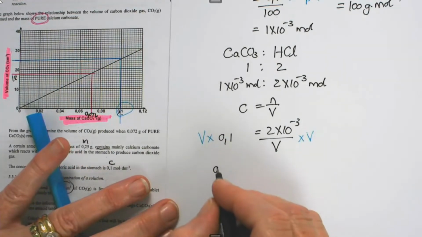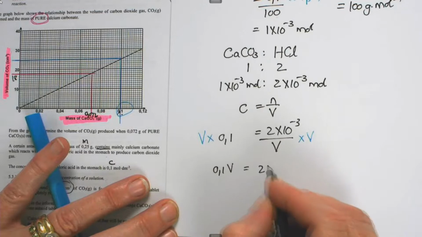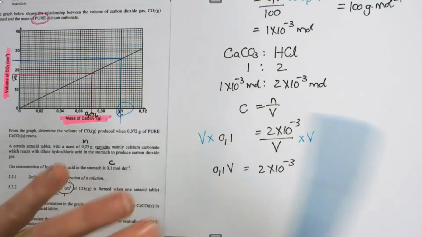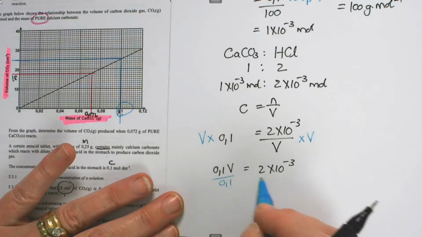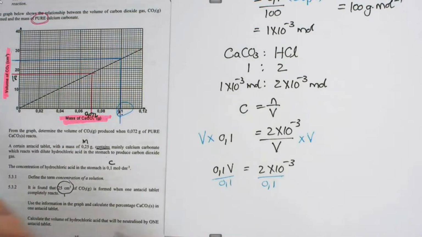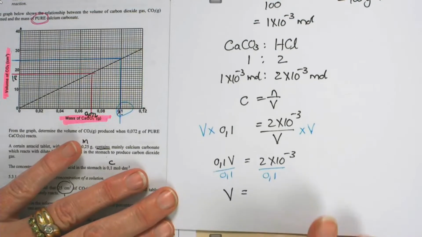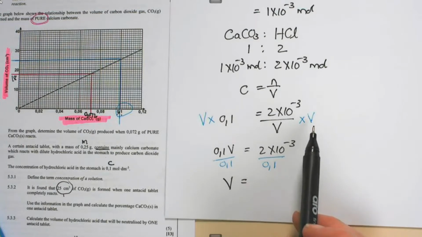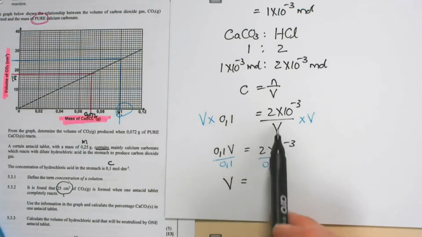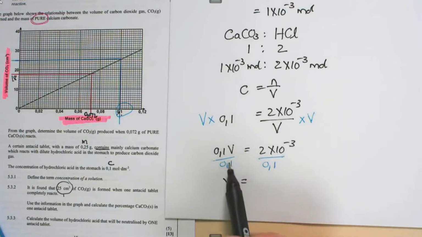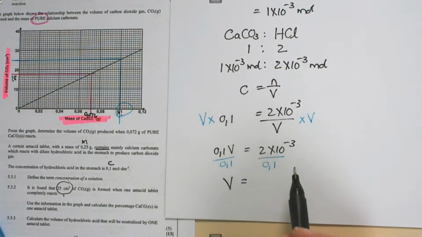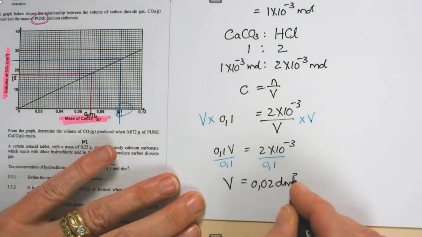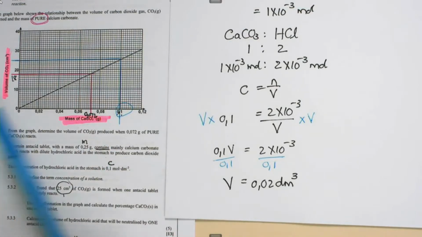So I get 0,1 V equals 2 times 10 to the negative 3. And then to get V alone, I divide by 0,1 again on both sides. So a little bit of mathematics. I first multiply by V to get V away underneath. And then I divide it by 0,1 to get V on its own again. And then my answer is 0,02 cubic decimeters.